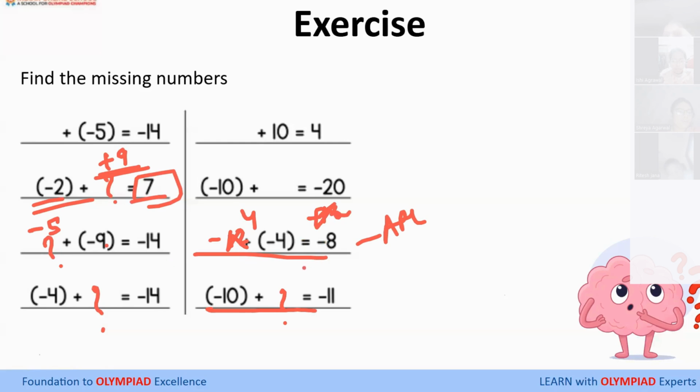Anyone from the ones who took time, Parinita, Ishi, and Arav, are you done with your answers? Okay, meanwhile, Agastya, for this one, what should be my answer? This one is negative 10. Negative 10. Very good. Well done.